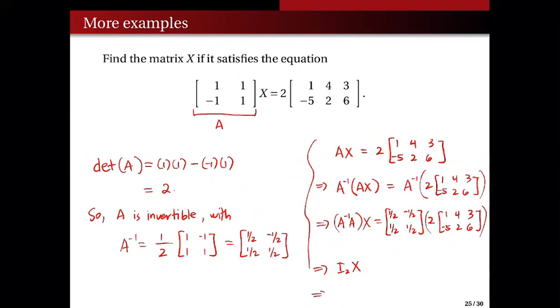And for this 2 here, it's a scalar, so you can just multiply this scalar on this matrix. So you will have 1, negative 1, 1, 1 multiplied to 1, 4, 3, negative 5, 2, 6. And as an exercise, try to multiply this and you will get the X.